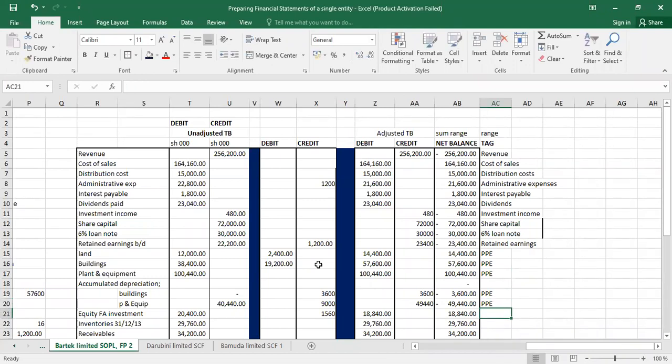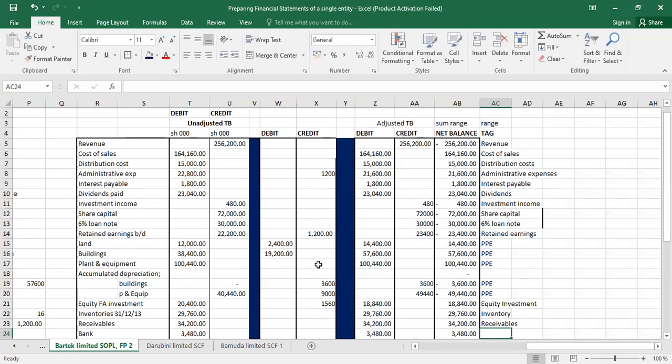So this equity financial asset investment, so just equity investment. So this one is a long-term asset, isn't it? Inventories. Then this one would be receivables. This one will just be bank.